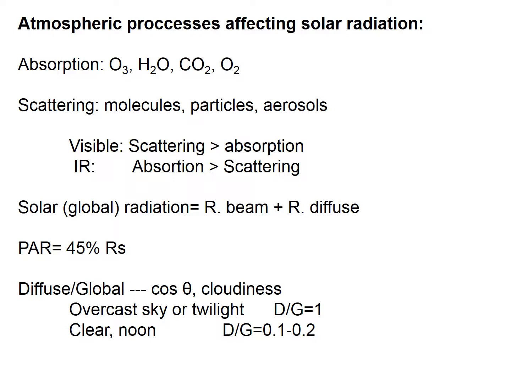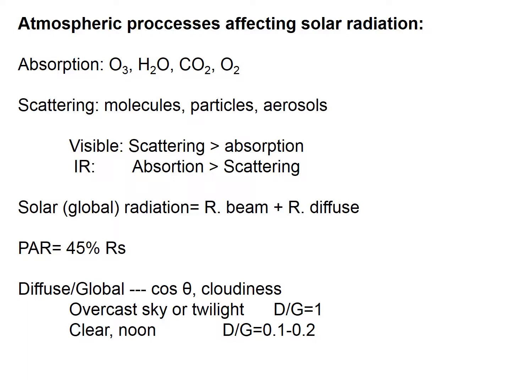When the radiation reaches the top of the atmosphere, now it has to go through the atmosphere. There it will be subject to different atmospheric processes. The first of all is absorption, which is due to molecules like ozone, water vapor, CO2, or oxygen.